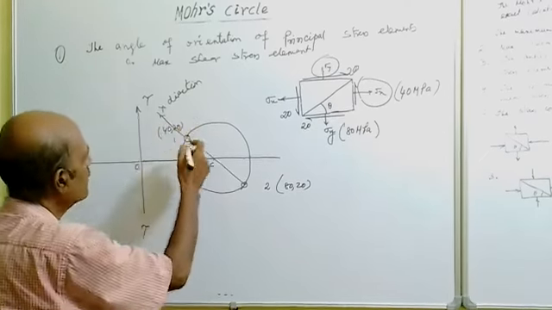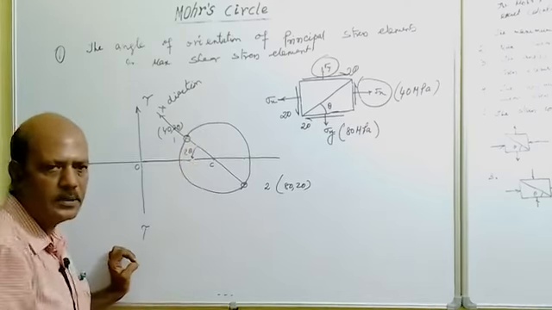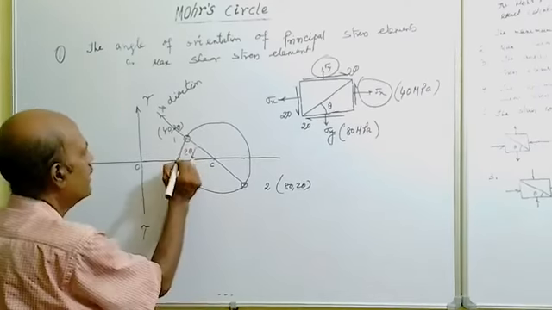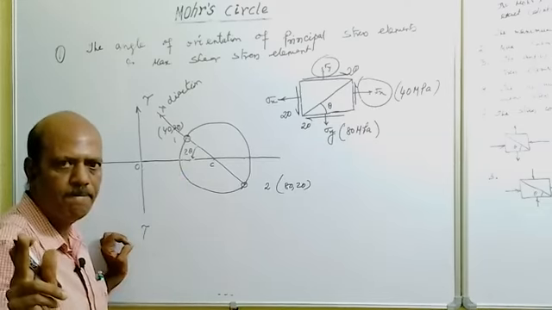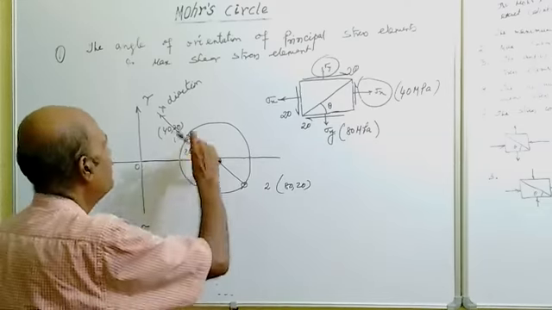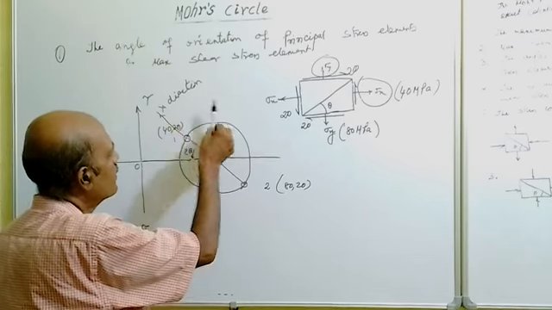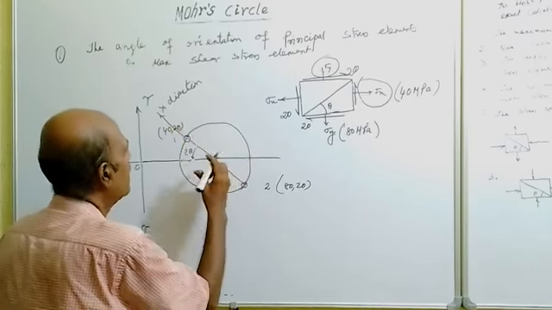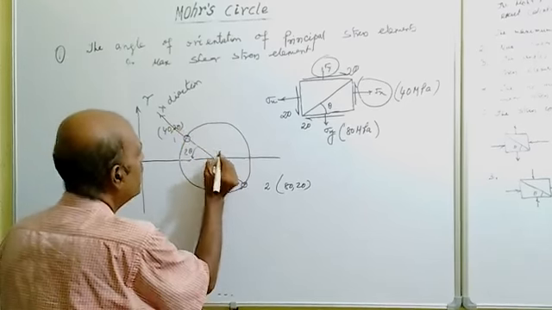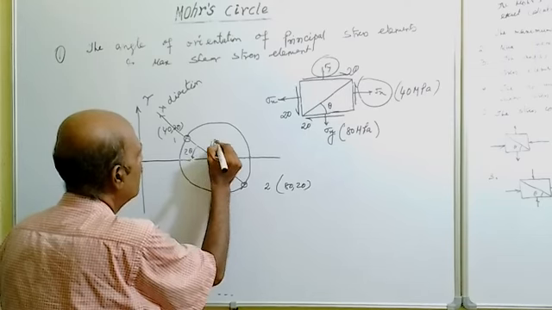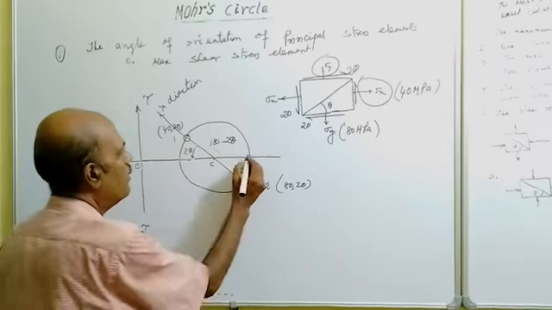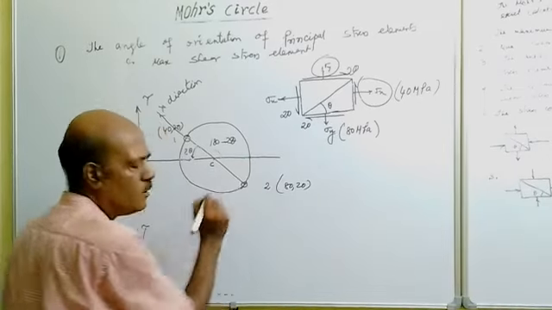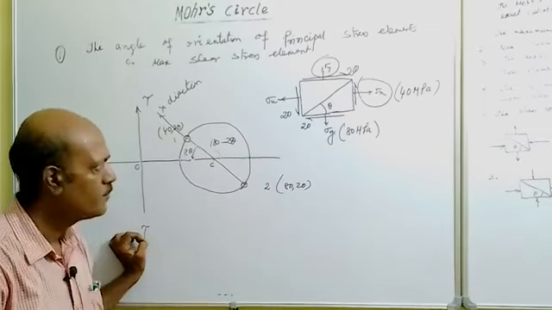So if we rotate the x axis in anticlockwise sense, we will get this minor principal stress plane. And if we rotate the x axis by 180 minus 2 theta, then we will get the major principal stress plane.